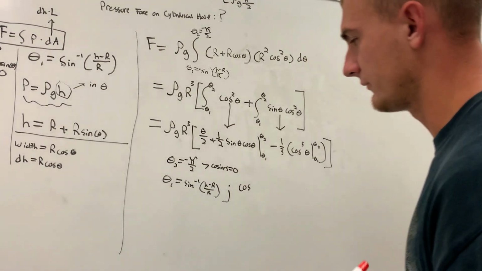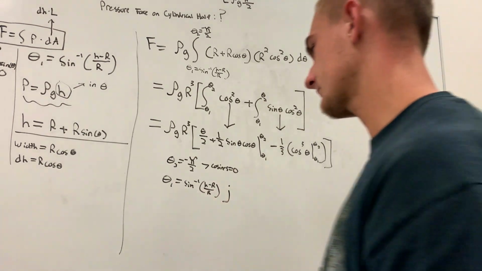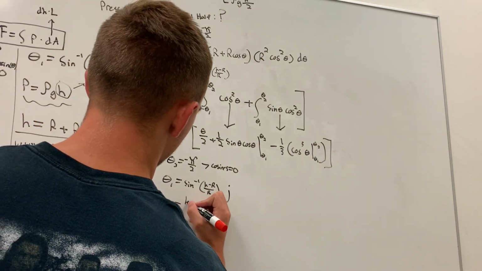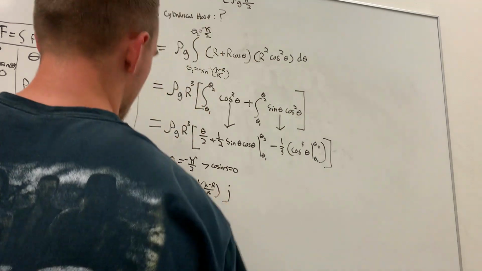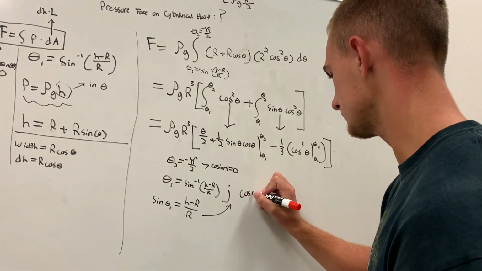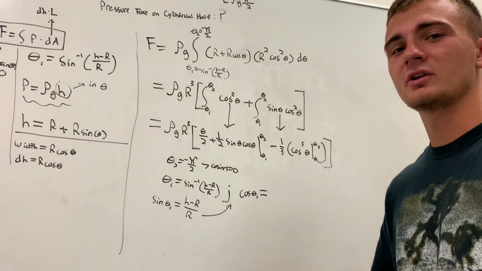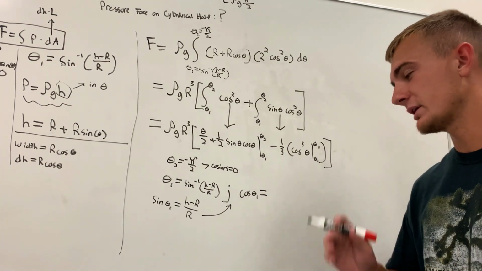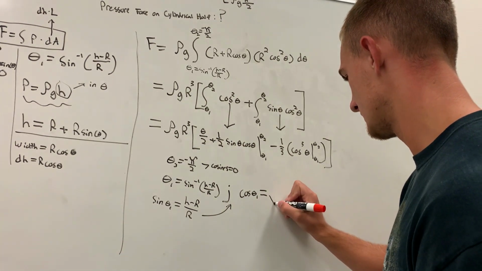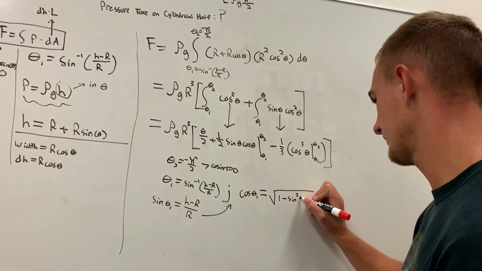First, if we want to really draw it out, we can see that sine theta 1 is equal to (H minus R) over R. So if we wanted to find cosine of theta 1, using the trig identity of sine squared plus cosine squared equals 1, we can see that cosine would be the square root of 1 minus sine squared theta.